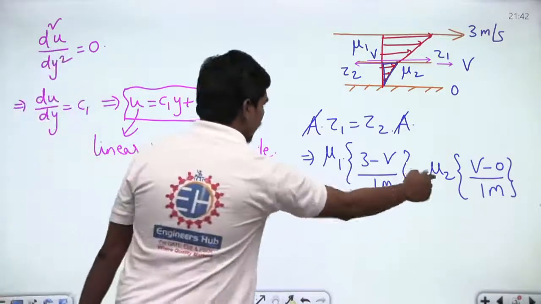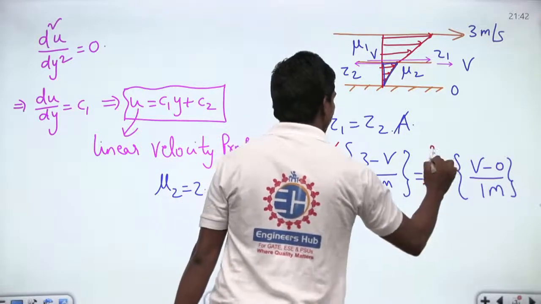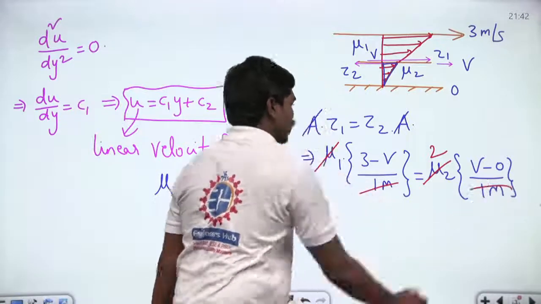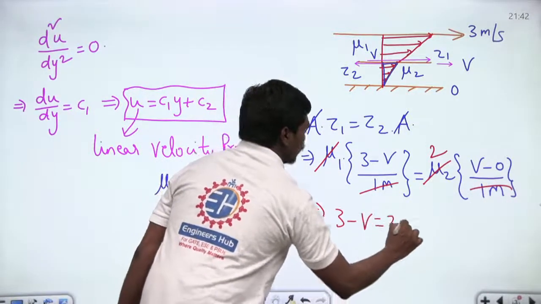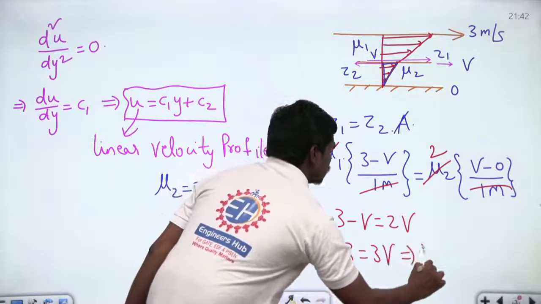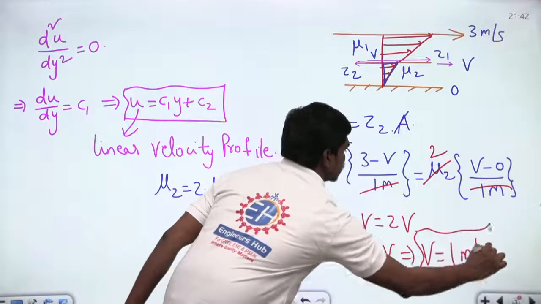In place of mu2 we can write 2 mu1, so you can cancel these terms and write 2 here, and the 1 meter gets cancelled on both sides. So this implies 3 minus v is equal to 2v, so 3 is equal to 3v and v is equal to 1 meter per second, which means the velocity at the interface is 1 meter per second.